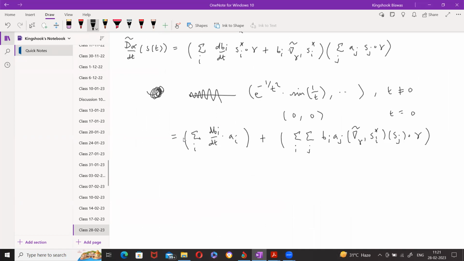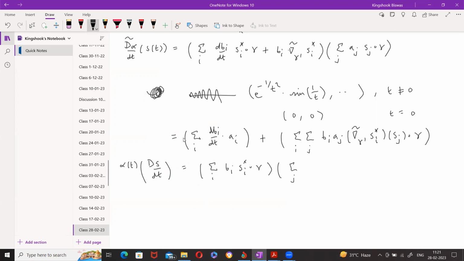And now let's look at the other term. So alpha of t applied to capital Ds/dt. So this will be the sum over i of bi Si star composed with gamma, the whole thing applied to the sum over j.